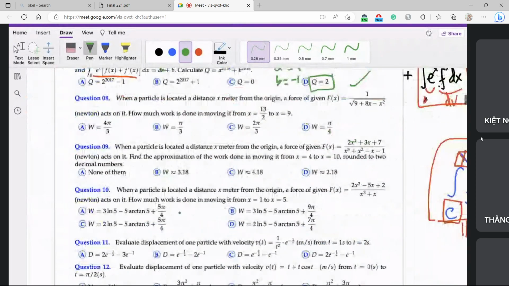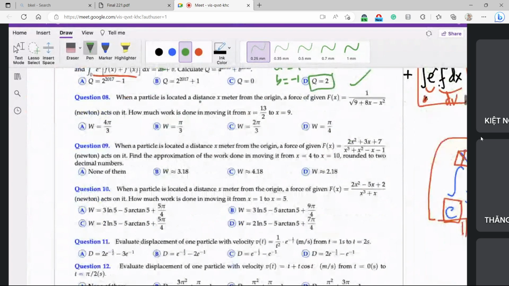Yes, question 8. When a particle is located at a distance x meter from the original force, how much work is done in moving? So it's so easy, right? Tell me in 30 seconds, please. So calculation activation, right? Activate the calculation mode. 30 seconds, please.